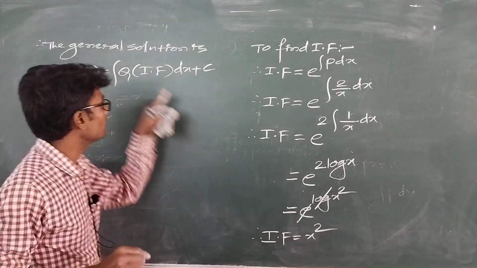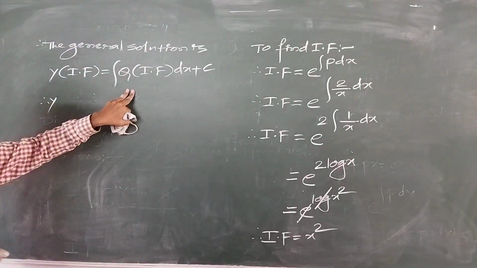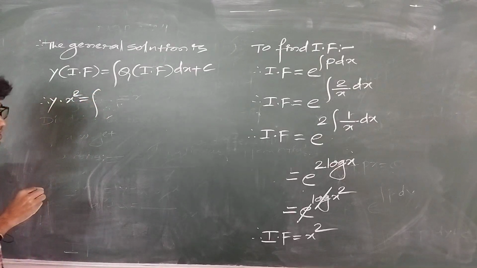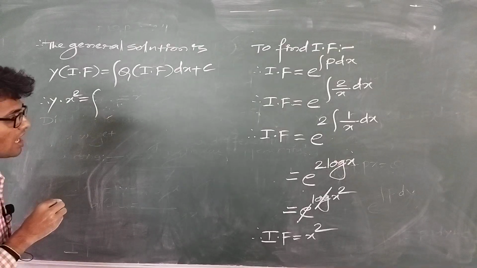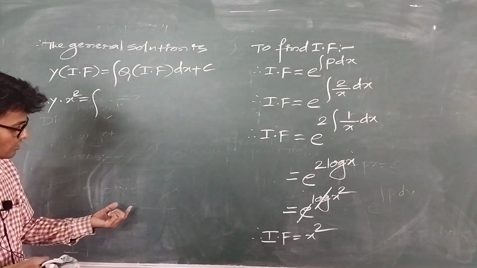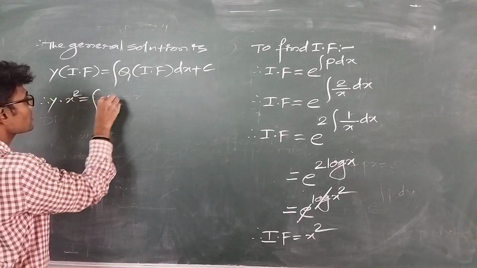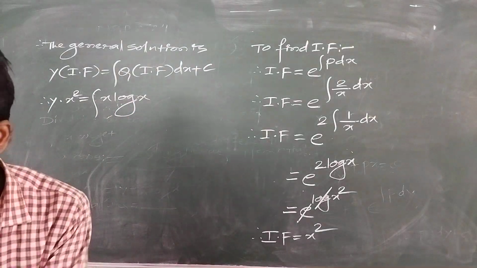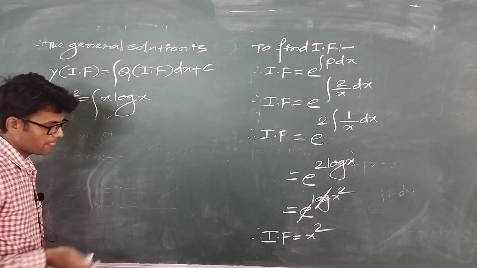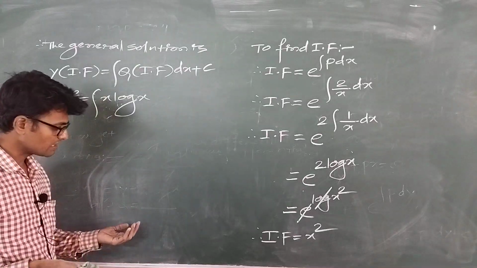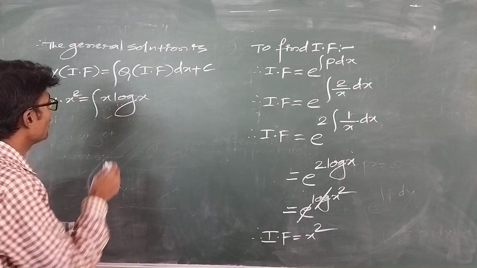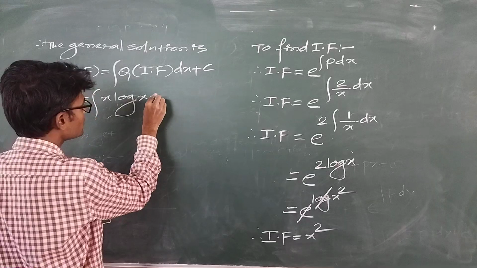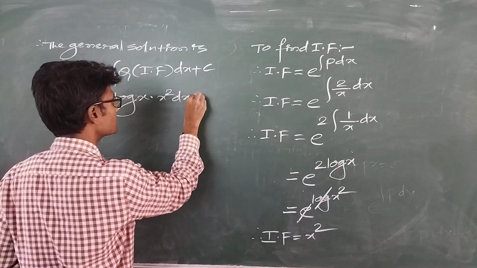So y into x square is equal to integration of q, where the value of q is x into log x. Pause the video and check back that the value of q is x log x. And the integrating factor is x square, into dx plus c.